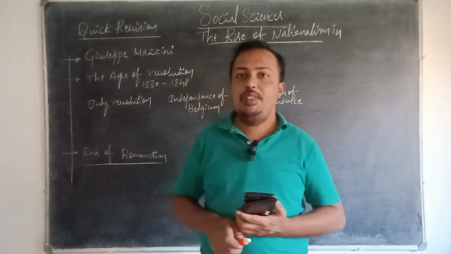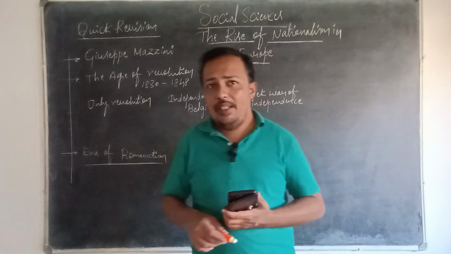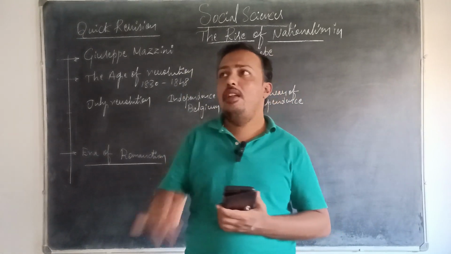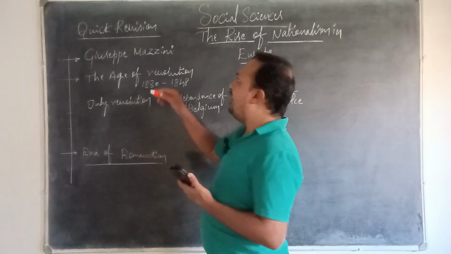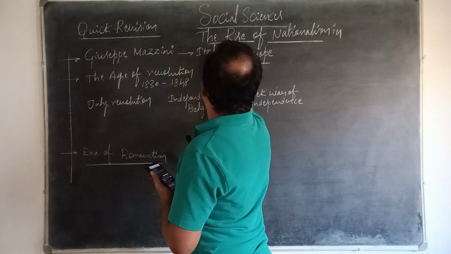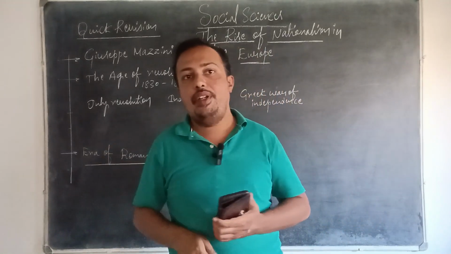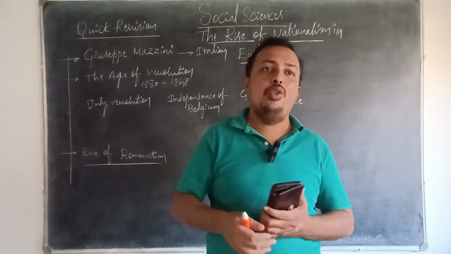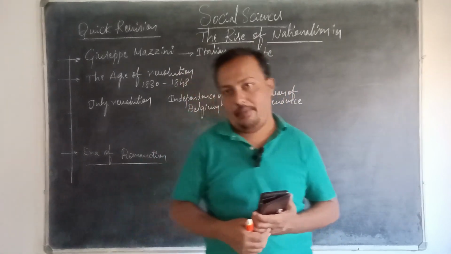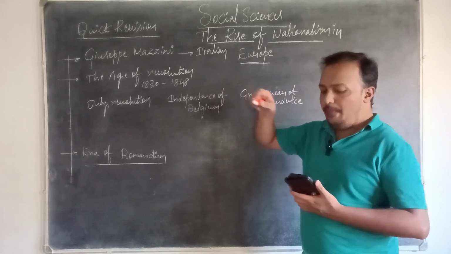As I already said, he was the dangerous enemy of the conservative rulers. He was of Italian nationality. He belonged to the ethnic group of Italy. His dream was to unify Italy into a nation state. So Giuseppe Mazzini was a great revolutionary leader.